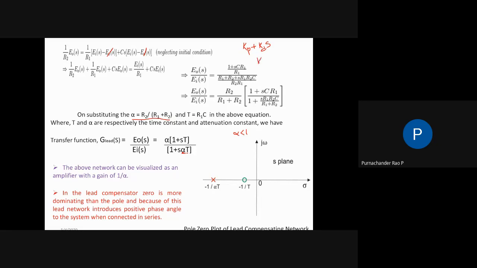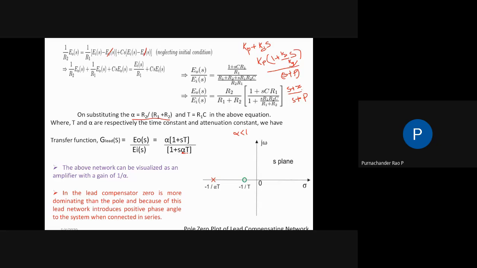Taking KP common, this will be 1 plus KD by KP into S. You can also add one pole into the system by taking a constant value. So it is similar to this: you can call it S plus Z divided by S plus P. So you are adding one pole and one zero into the system.